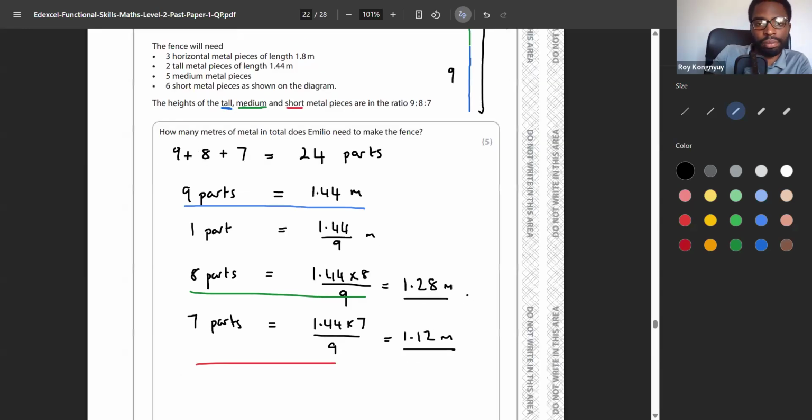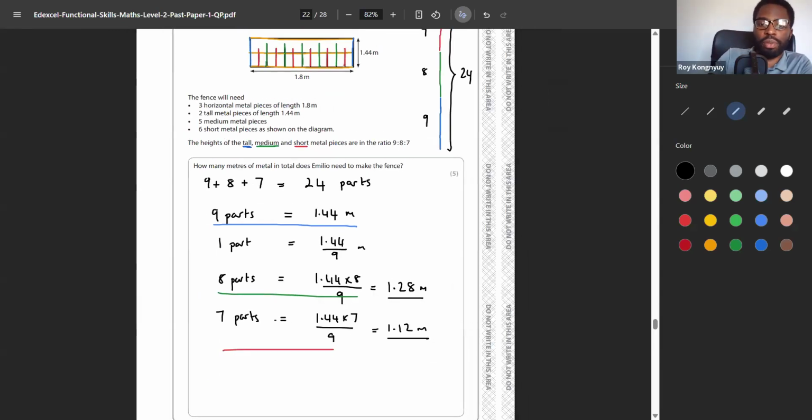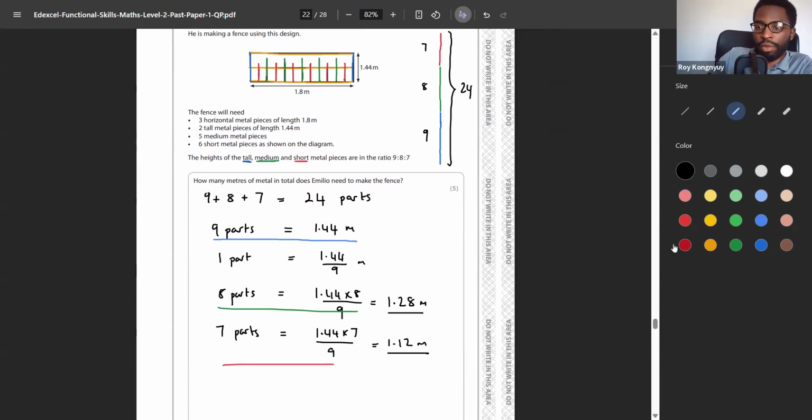All right. From there, we know the length of every single part. Remember, medium, short, tall. All right. Now we just want to add all these up.